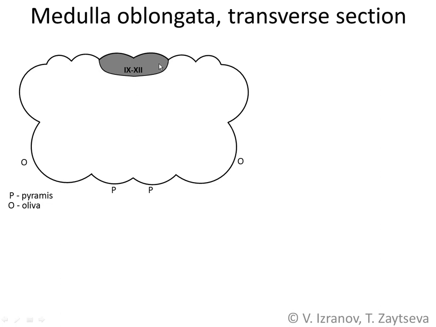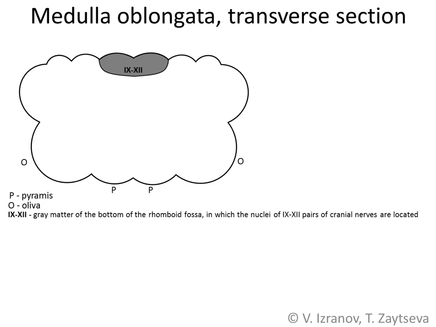We can say that it is gray matter of the bottom of the rhomboid fossa. So this is rhomboid fossa, but in transverse section it looks like this flattened part. So nuclei of cranial nerves from 9 to 12 pairs are located here.